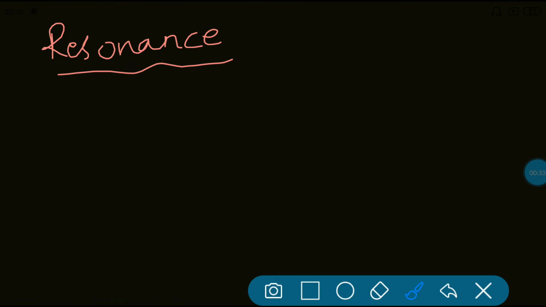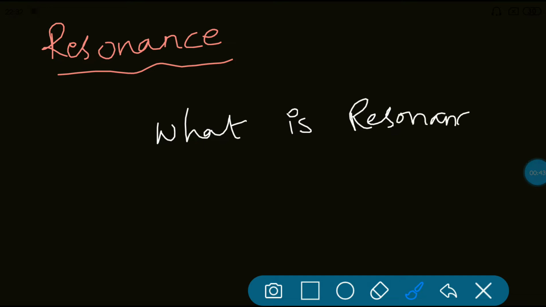First and foremost, what is resonance? The phenomenon in which two or more structures can be written for a compound which involve identical position of atoms is called resonance. First I'll explain it in a simpler way.